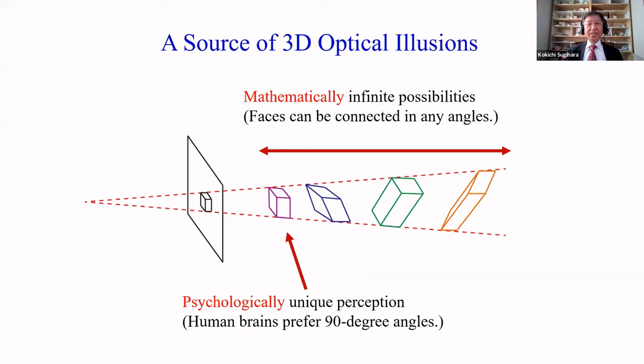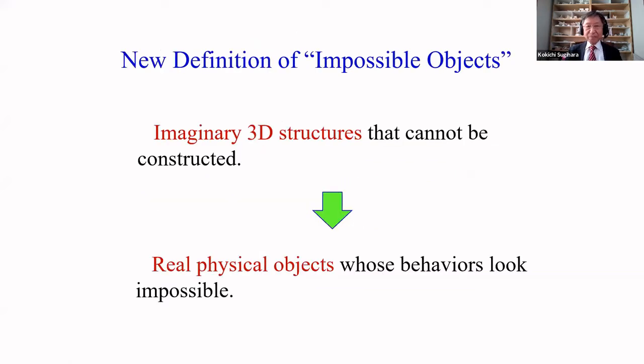But when we search for the solutions from a mathematical point of view, we can find infinitely many different possibilities. This gap between the mathematical nature and the psychological nature is a source of optical illusions, 3D optical illusions, I think. And so, to me, the definition of impossible objects also changes.